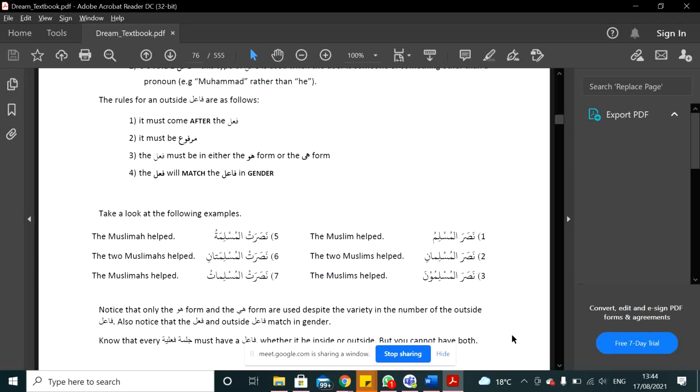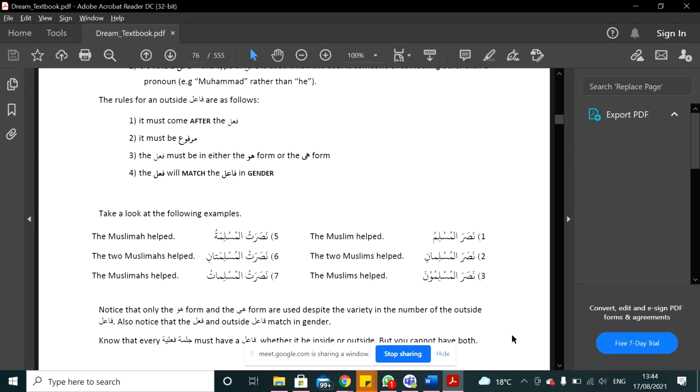So when I see the next example, Nasara al-Muslimani, the two Muslims helped, our verb is coming in a huwa form, but our doer is changing. It is two Muslims, but our verb is coming in a huwa form.